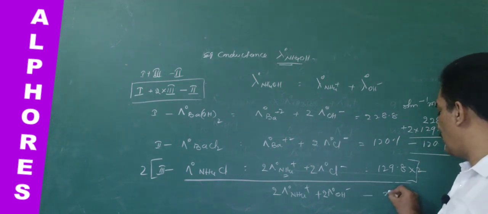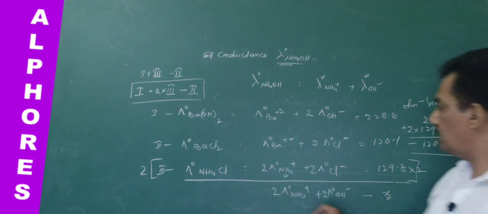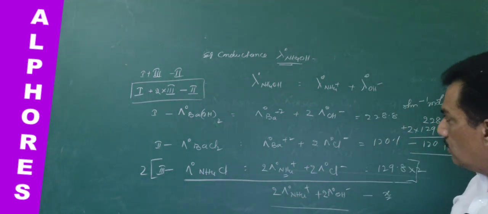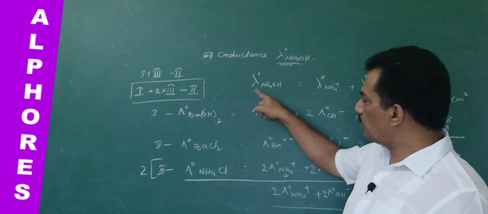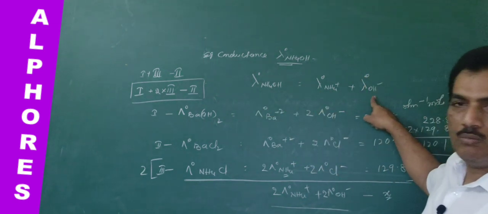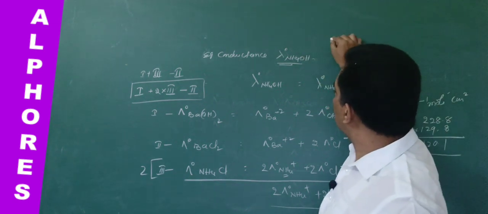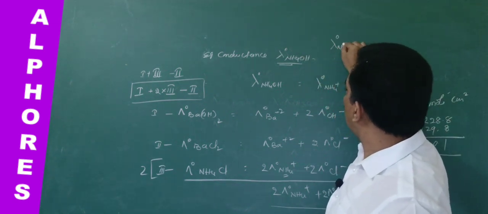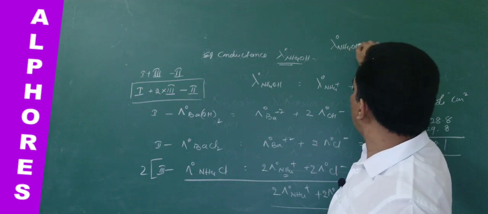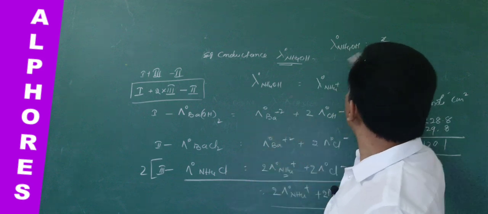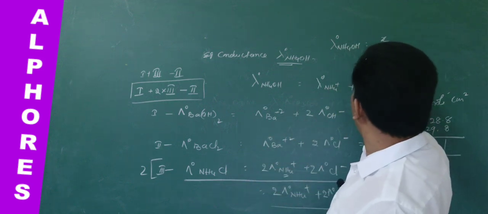Say for example, if you are getting X, now it is nothing but for 2 moles of these, and the ionic equivalent conductance requires only 1 mole. So the equivalent conductance of NH4OH is nothing but X by 2.